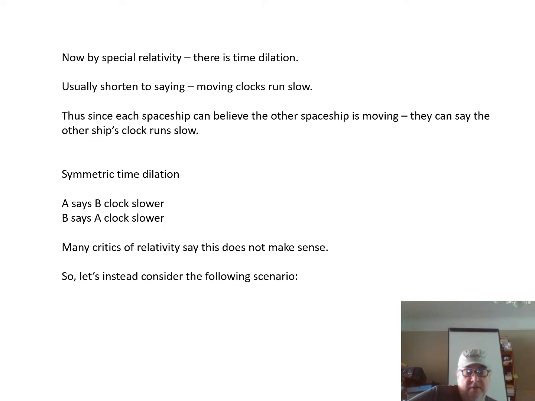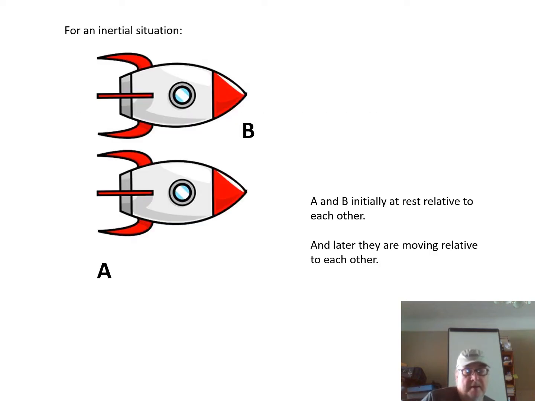So instead of that, let's consider the following situation. For an inertial situation like this, spaceships A and B are initially at rest relative to each other, and later they're moving relative to each other.